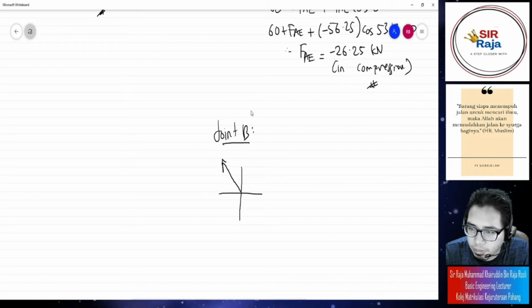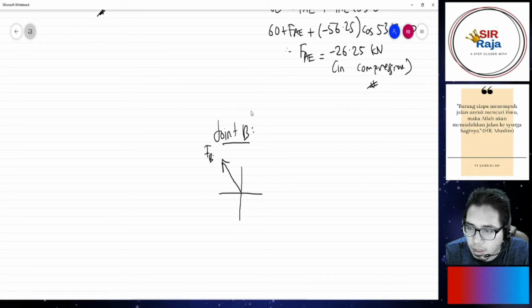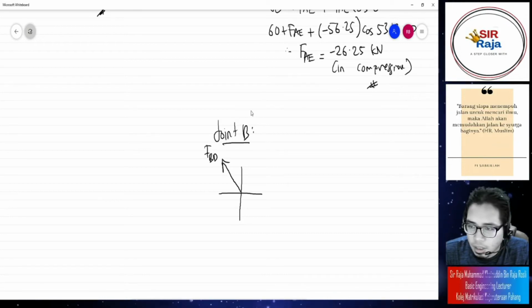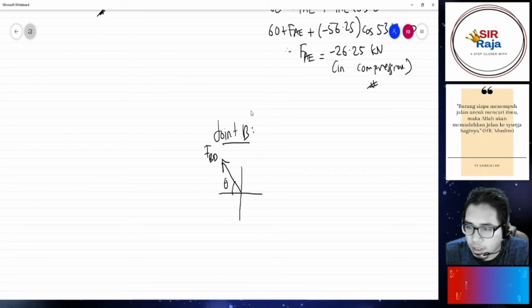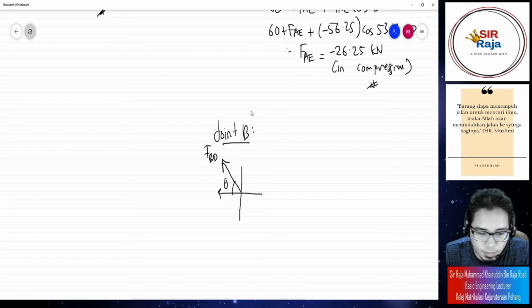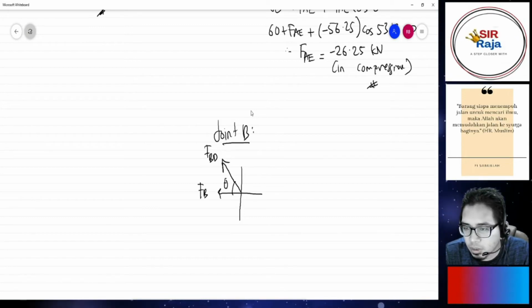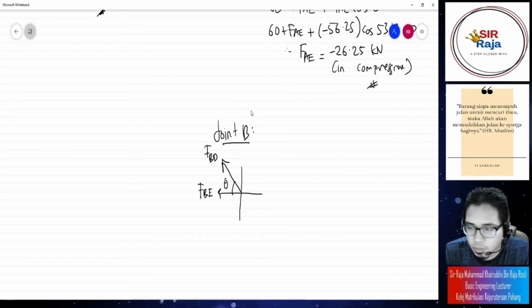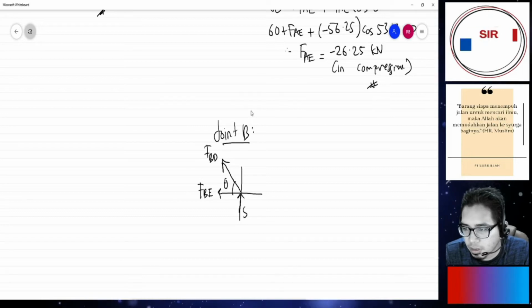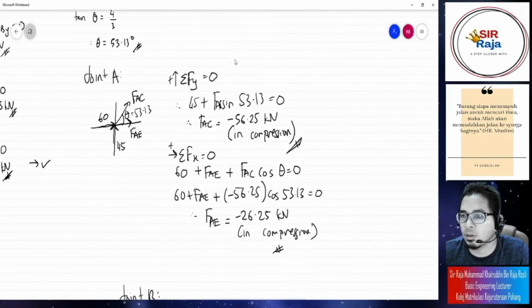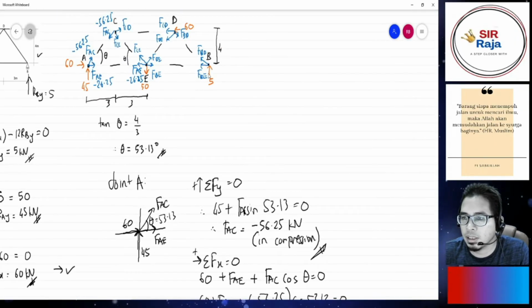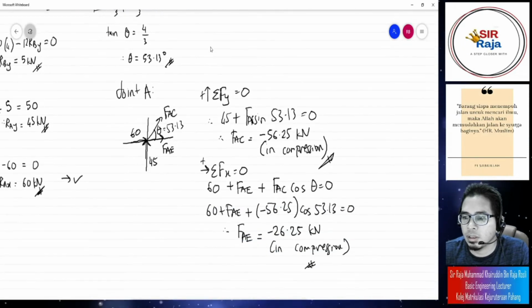If you look at the diagram, this is FBD, with the angle theta here, and then FBE to the left, and then we have 5 from the support reaction here. Right, so this is zooming in on this one.